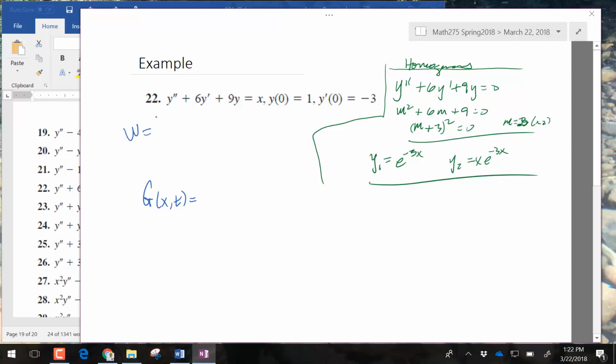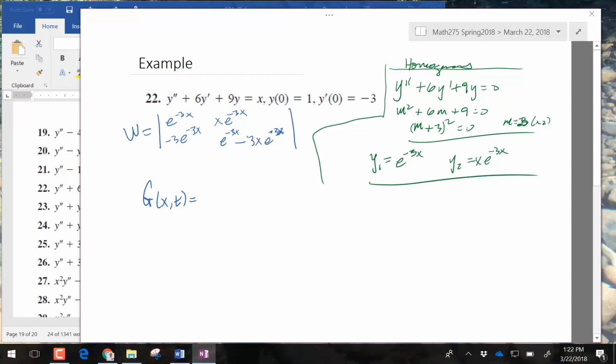So we need the Wronskian: e to the minus 3x, x e to the minus 3x, so minus 3e to the negative 3x, and then e to the negative 3x minus 3x e to the negative 3x. Did I do my product rule correctly here? Derivative of the first times the second plus the first, which is x, times the derivative of the second, which is negative 3 e to the negative 3x.